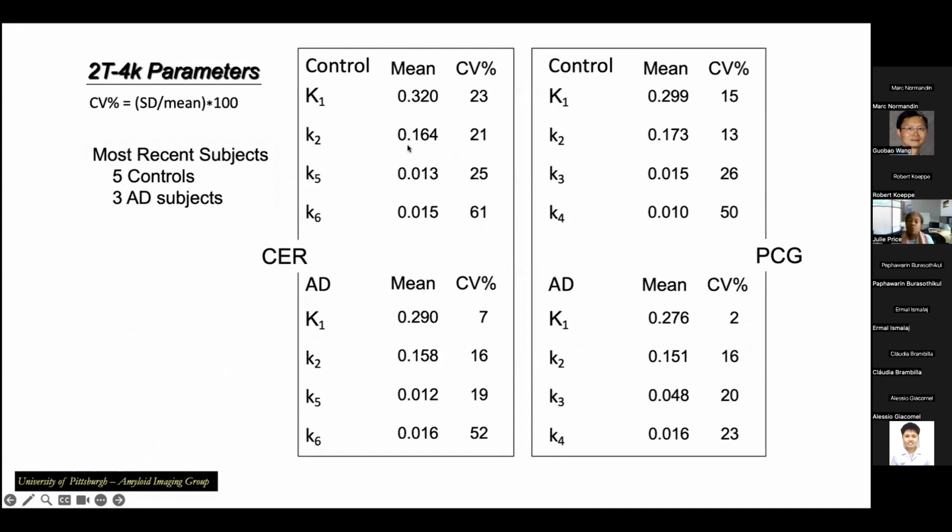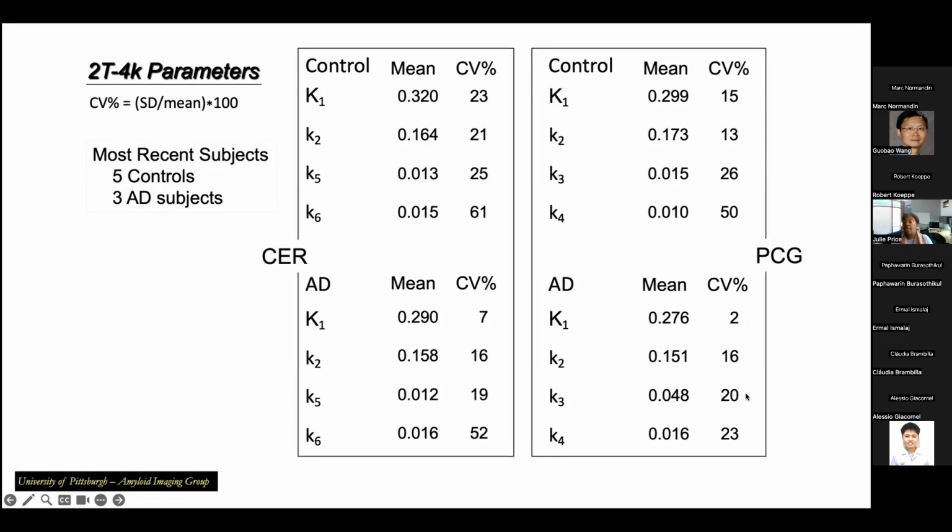K1, K2, but in the control, we referred to K5 and K6 as a non-specific component, because K3 and K4 were reserved for specific binding of the radiotracer. The control values were fairly similar, whether in cerebellum or posterior cingulate, but you can definitely see the difference in the AD, particularly with respect to the non-specific component K5 relative to K3.